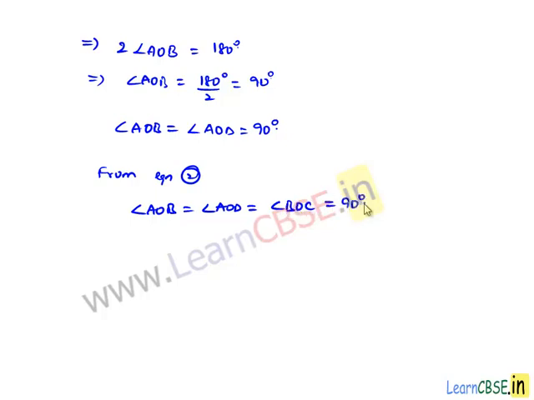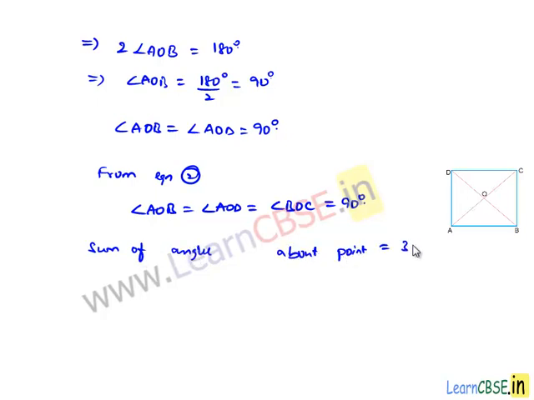equal to 90 degrees. Here we require to prove that another angle, that is angle COD, is also equal to 90 degrees. We know that sum of angles about point is equal to 360 degrees.